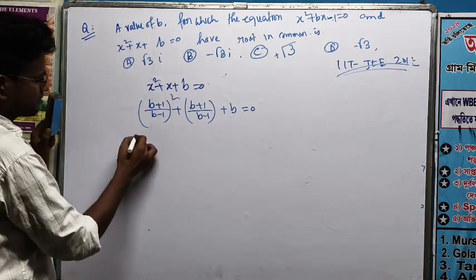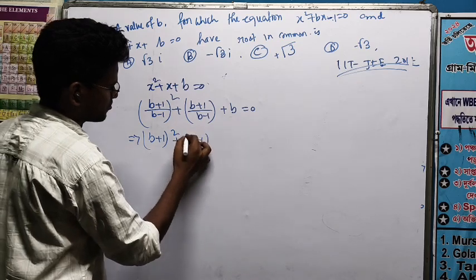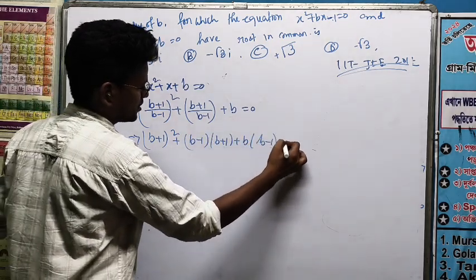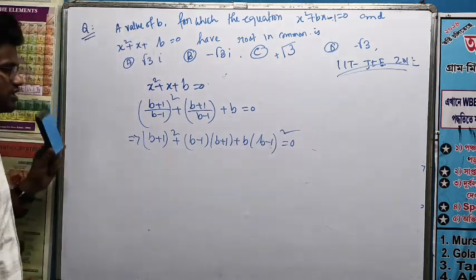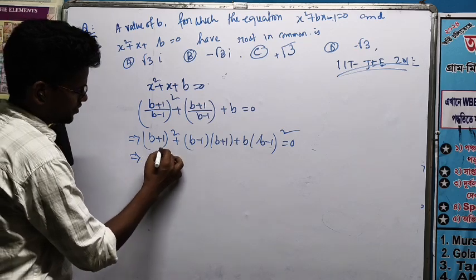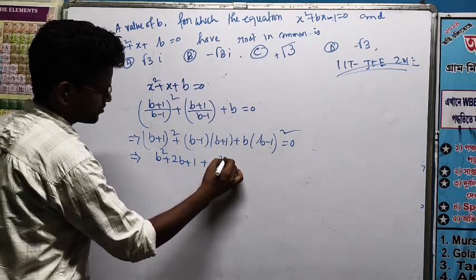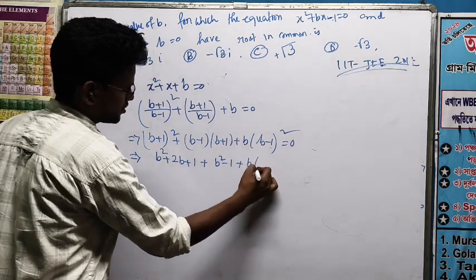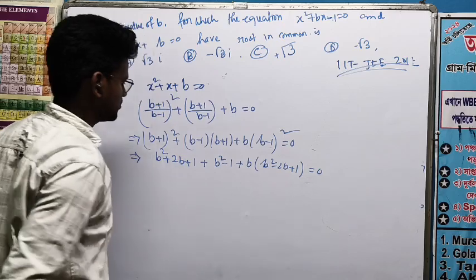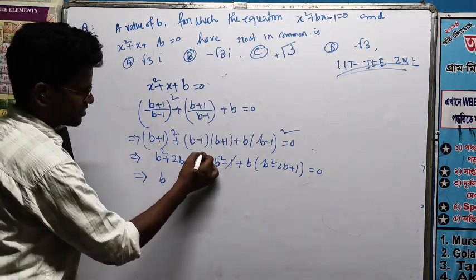So that means (b plus 1) whole square plus (b plus 1)(b minus 1) plus b times (b minus 1) square equals 0. That is b square plus 2b plus 1 plus b square minus 1 plus b times (b square minus 2b plus 1) equals 0, and this cancels out.